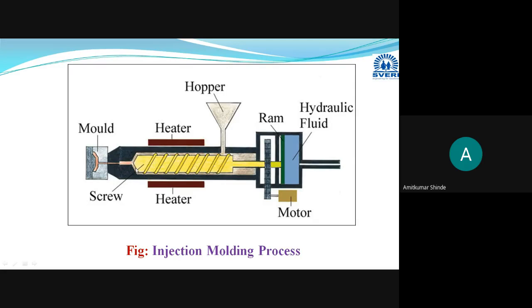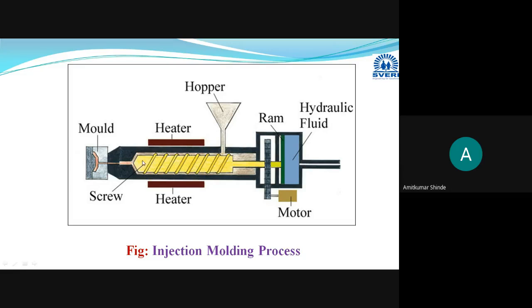Here one screw is present, and this chamber is heated. In the initial stage, we have poured the material into the chamber, and here we are providing the heat. Due to that heating, the plastic raw material will be melted.